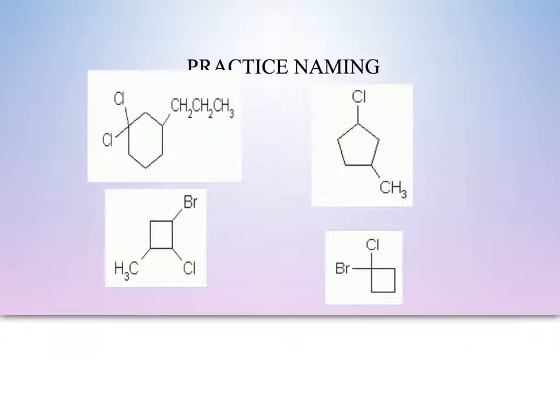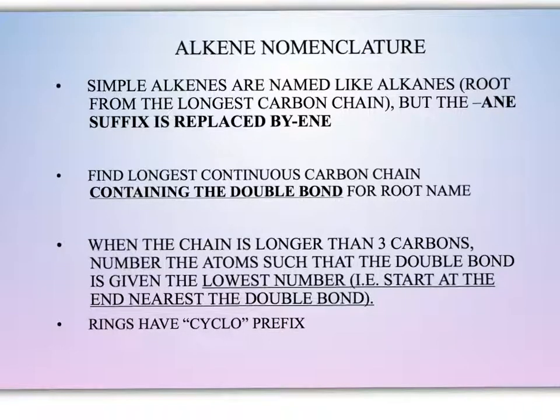cyclobutane. Moving on to alkenes and alkene nomenclature, simple alkenes are named like alkanes, except that an alkene will have a double bond where the alkane only had single bonds. And so to begin with, we will find our longest carbon chain that contains the double bond.